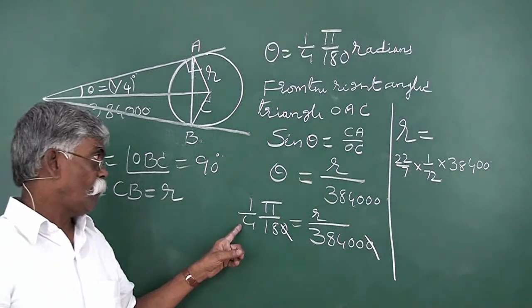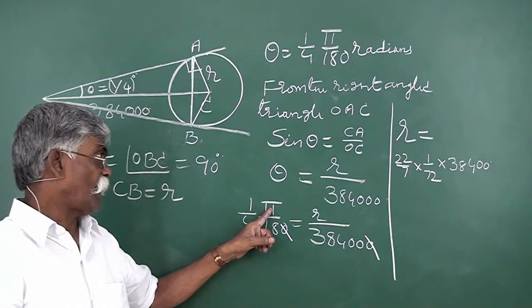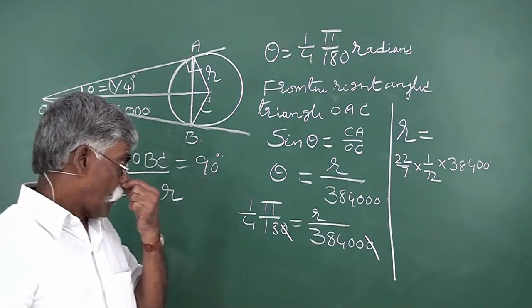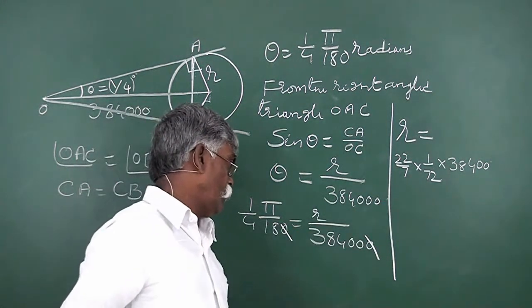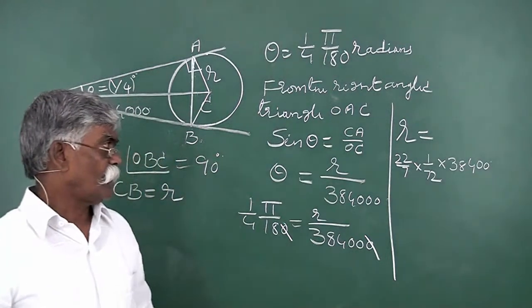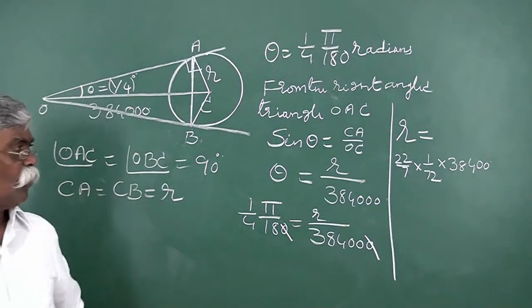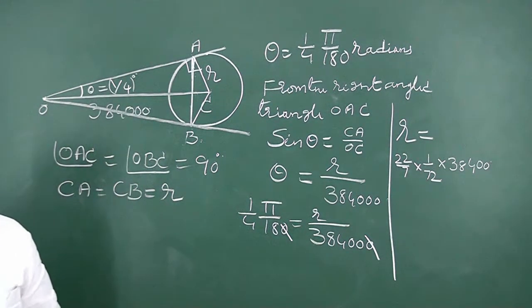So the value of pi is written as 22 by 7, and after cancelling the 0, 4 into 18 is 72, and this comes on that side. So therefore it is 384,000.